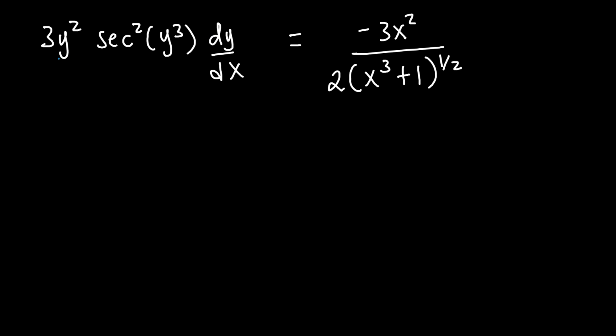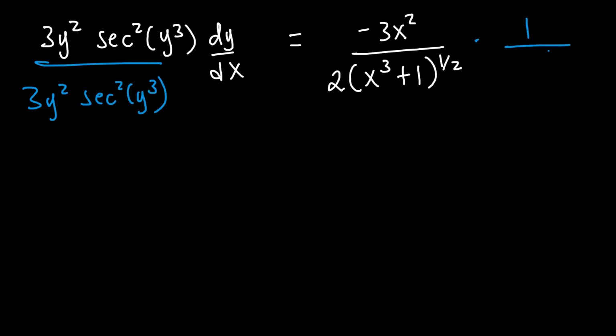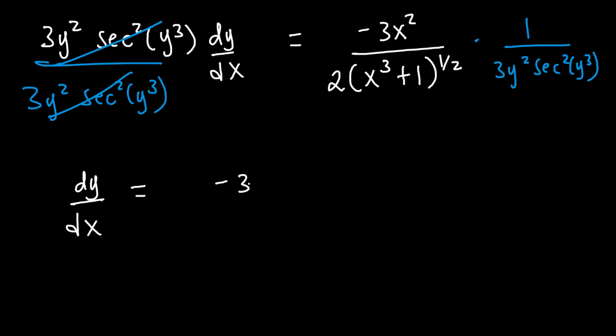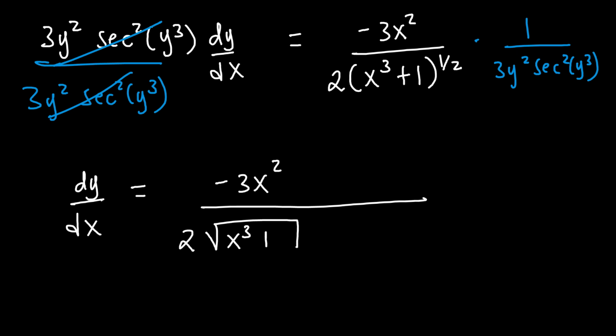And at this point, we can divide both sides by 3y to the power of 2 times secant squared y to the power of 3. This will cancel with that. So we shall have dy divided by dx equaling negative 3x to the power of 2 divided by, now this can be written as 2 times the square root of x to the power of 3 plus 1, and then times 3y to the power of 2 times secant squared y to the power of 3.